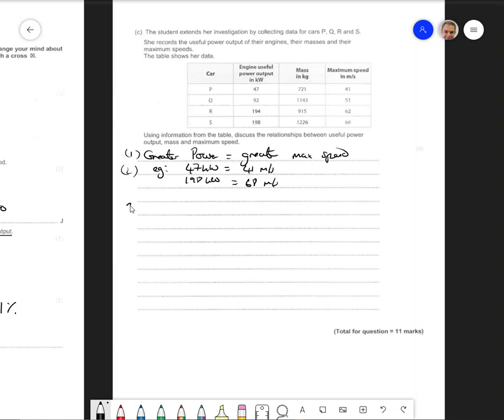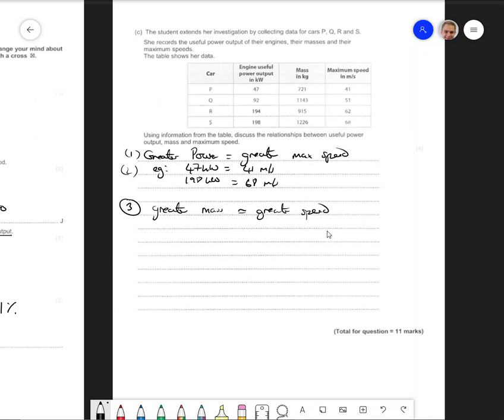So the third mark point. Generally it's saying that we've got an increase in mass and we've got an increase in maximum speed. It could be that this is an anomaly, but it is what the table suggests. There's not really a reason for that, but a greater mass is approximately equal to greater speed.